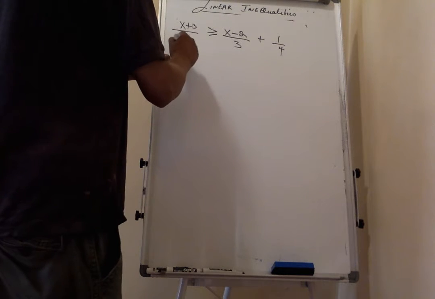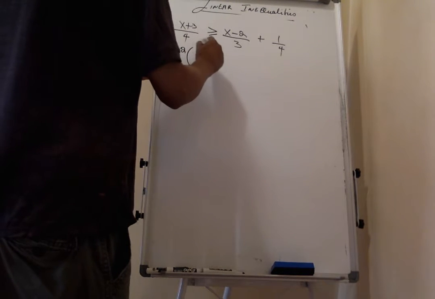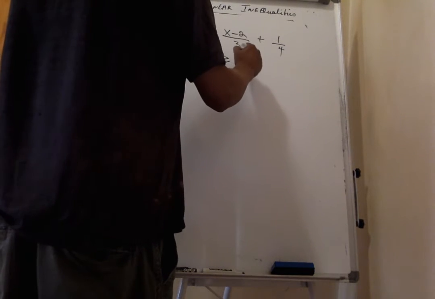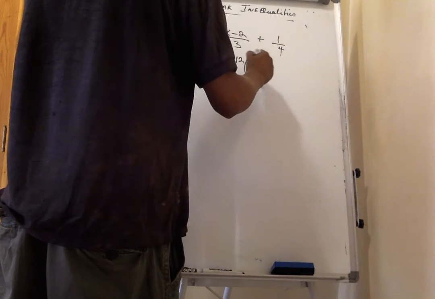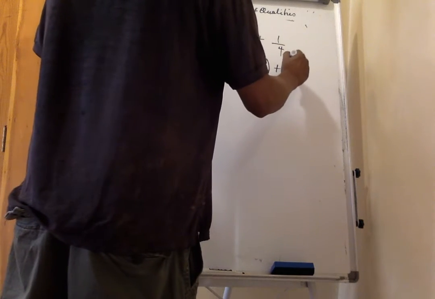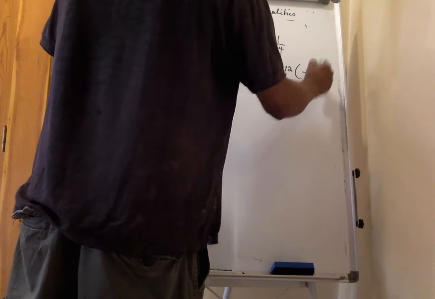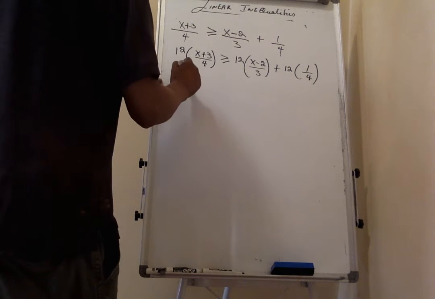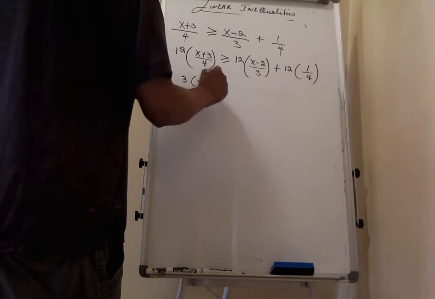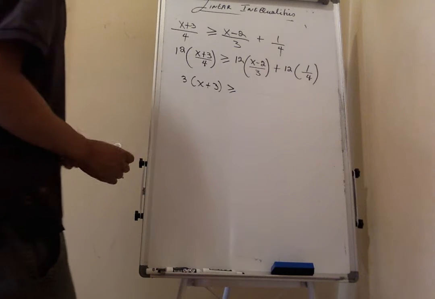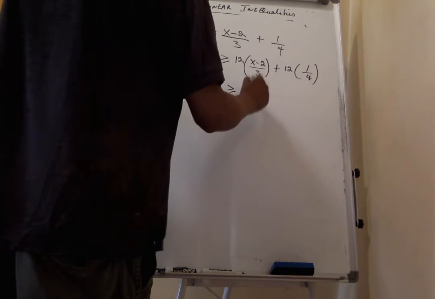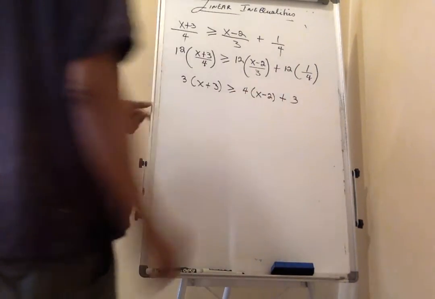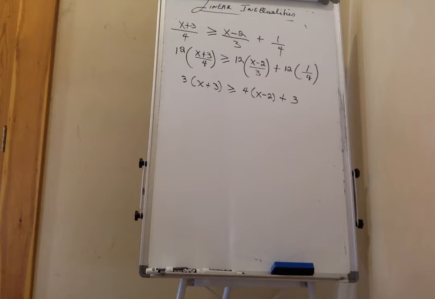So what you're going to do would be 12 times x plus 3 over 4 is greater than or equal to 12 times x minus 2 over 3 plus 12 times 1 over 4. Okay. If you do that, then we get 3 times x plus 3 is greater than or equal to 4 times x minus 2 and then plus 3.